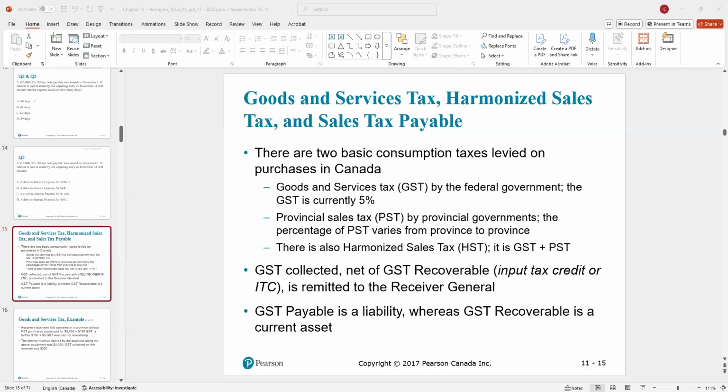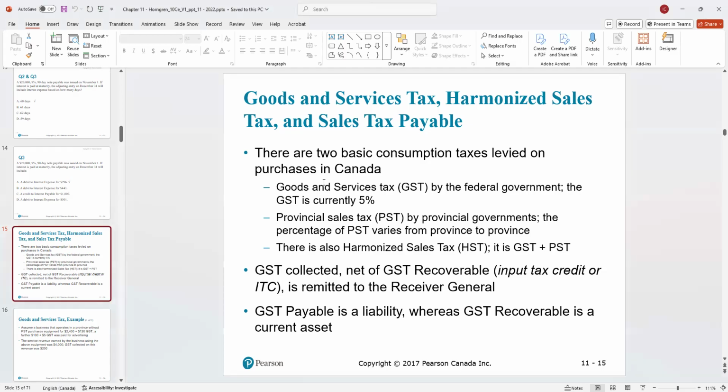Hey, GST. Do you know anything about GST? The main thing that I want you to know is that GST is a consumption tax, which is paid by the individuals and individuals only, not by the corporations.